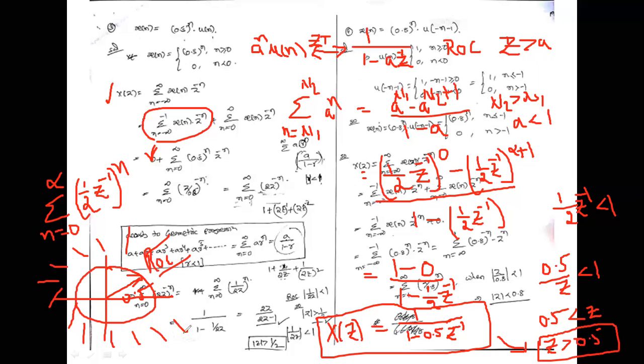For all the values greater than the 0.5 circle, X(z) exists, nothing but bounded. All remaining values are not bounded. You see here z is greater than 1 by 2, and X(z) is 1 by 1 minus 1 by 2 z inverse.